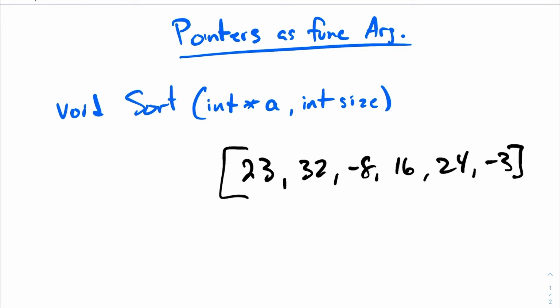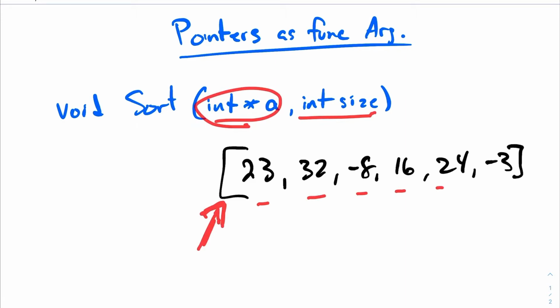Doesn't matter what kind of sort function it is. Say it's a sort function, and it takes two things. It takes the pointer to the array, wherever this is in memory, and then the size. So by default, it would be this memory address and a size of 1, 2, 3, 4, 5, 6.